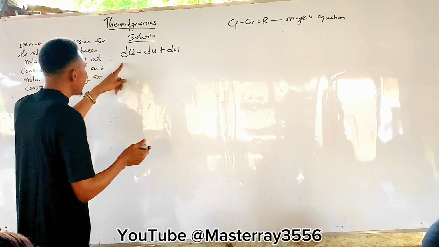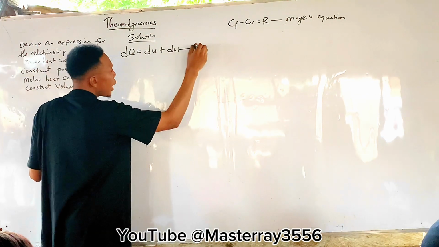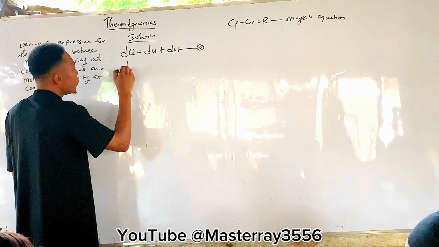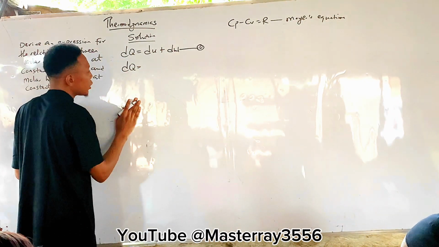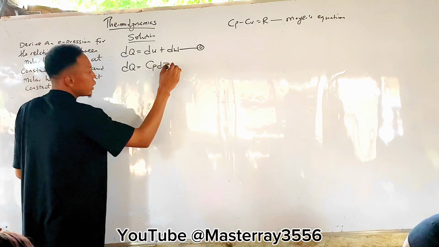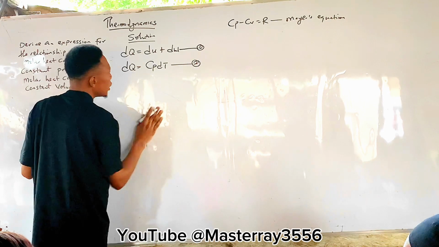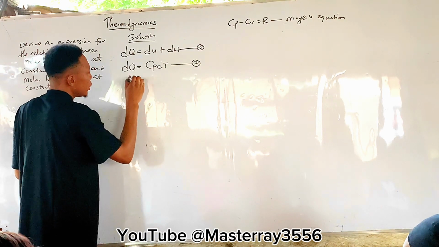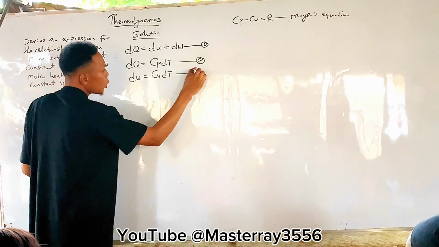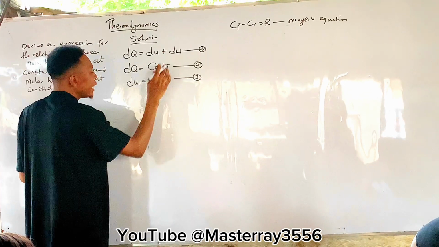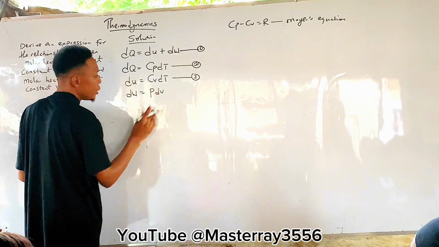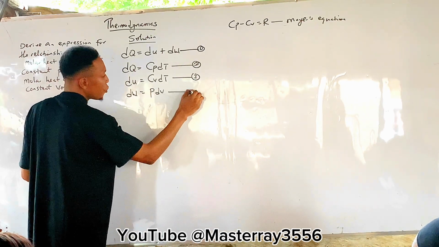Now, our dQ, what you do, you call this very one equation 1. Our dQ is stated as Cp dT, so you call this equation 2. The dU is stated as Cv dT. You call this equation 3. The dW is stated as P dV, so you call this equation 4.